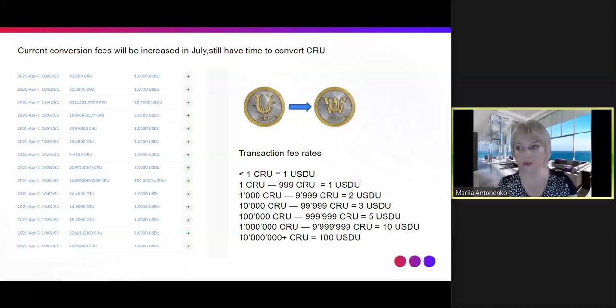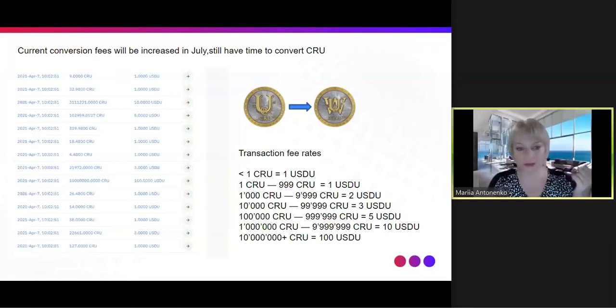And there are several hundred million CRUs in the exchange account. So basically, this is a limbo place where the CRUs are waiting for their conversion into WCRUs. So basically, you should hurry up.